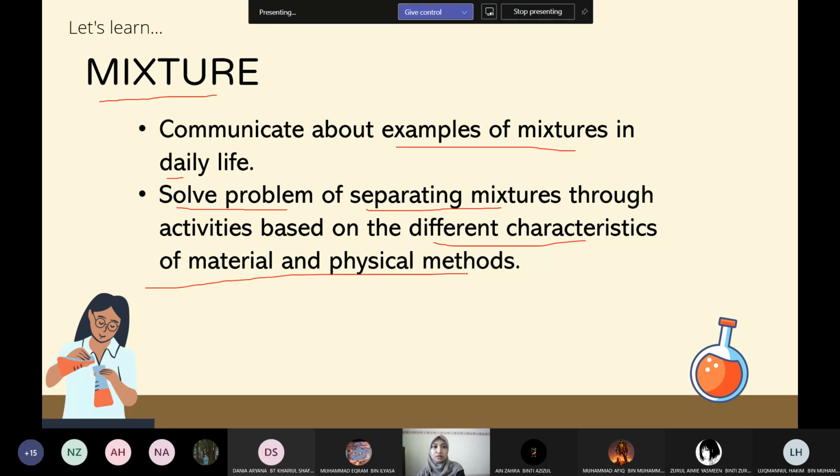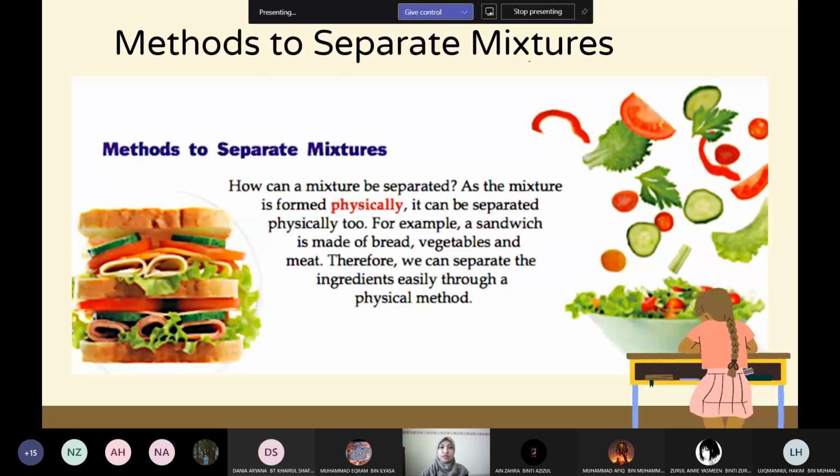Alright. Okay, so methods to separate mixture. So how can a mixture be separated? Okay, as the mixture is formed physically, mixture can be separated physically too. For example, in this picture we have a sandwich. A sandwich is made of bread, vegetables and meat.